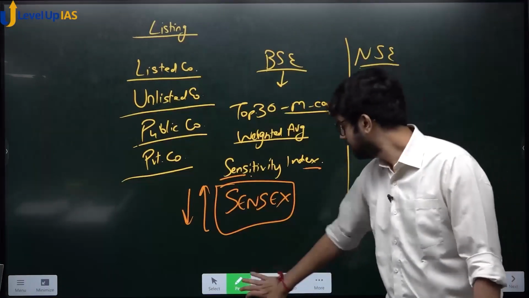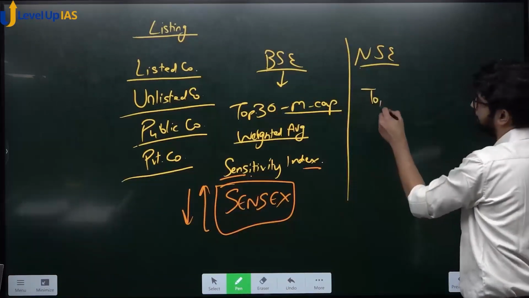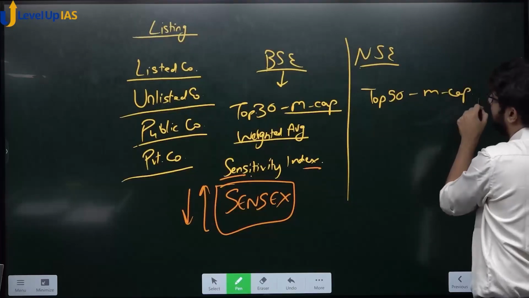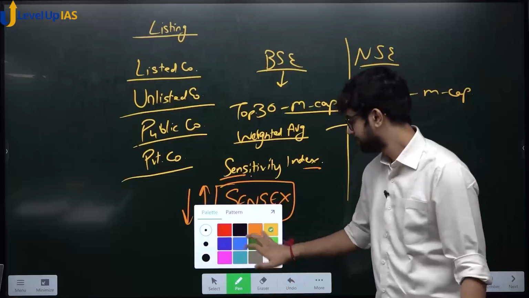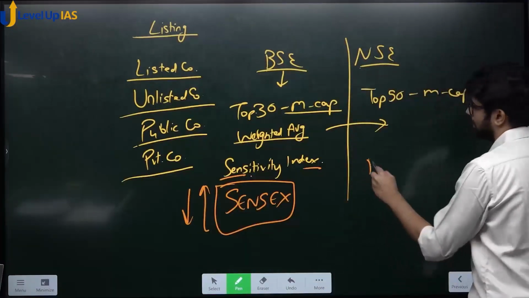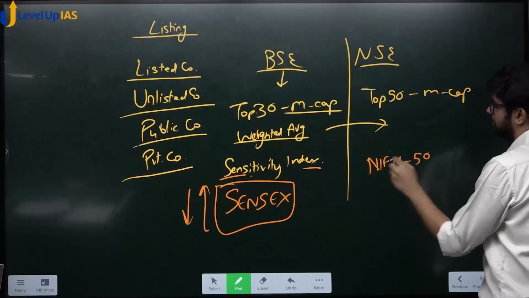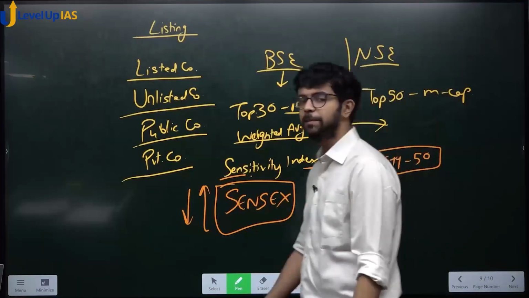The same is there for this one, it is a different one, but it does the top 50, MCAP, same weighted average. The name is very simple. Top 50, name is Nifty 50.